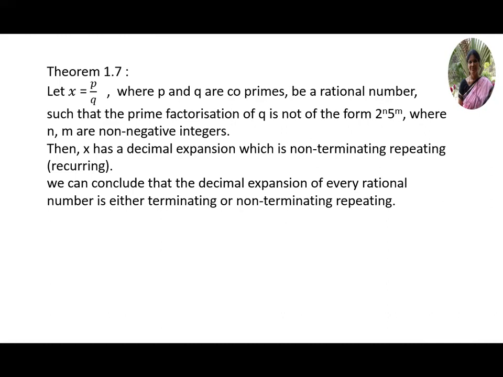So what does the theorem say? The theorem says first you write down the rational expression p and q, then check your denominator. If q has the factors 2 and 5 only, then this is a terminating decimal.